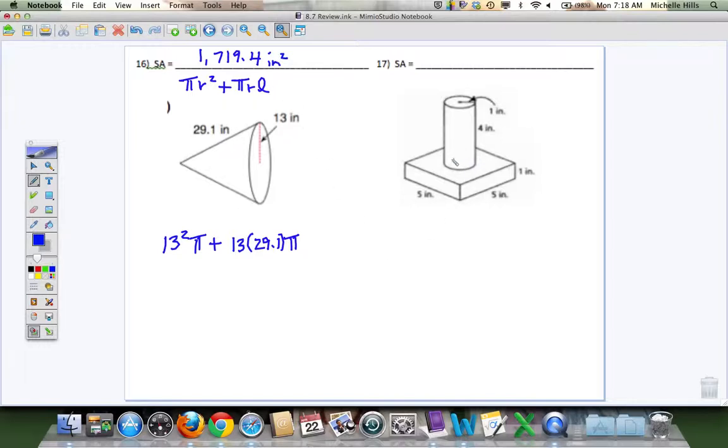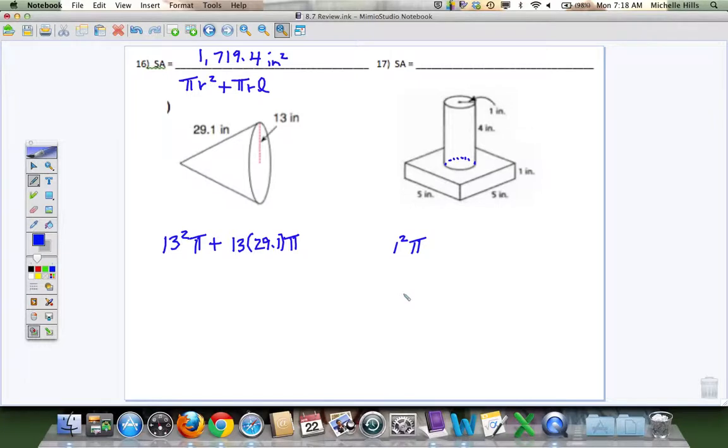This composite shape, if I think about what's happening here, there's this cylinder that has a circle on the top and the bottom. But when I look at the number of circles that are exposed, it's just one. So radius squared pi.